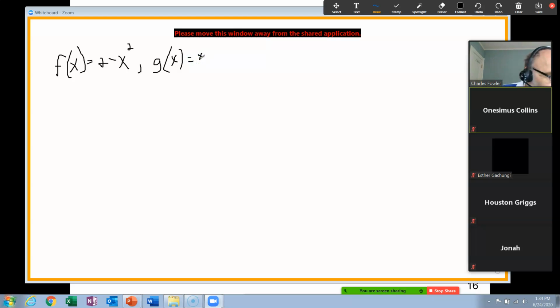So that's the problem. Find the area of the region bounded by those two graphs.